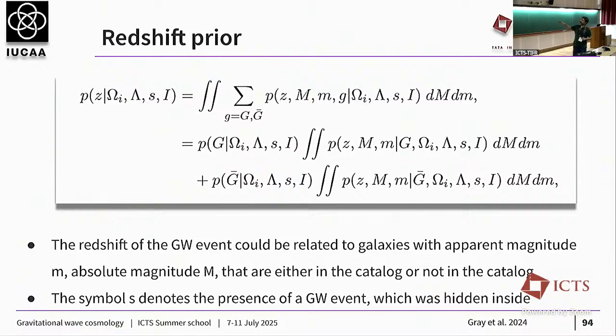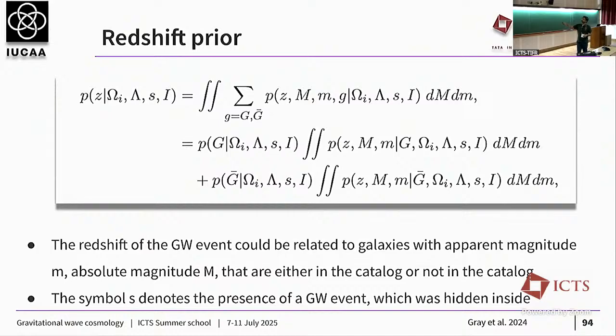What I have additionally done is I have said that when you have a galaxy, it will have some absolute magnitude and it will have some apparent magnitude. What is absolute magnitude? It tells you the total luminosity of this galaxy. What is the apparent magnitude? That is related to the flux that you see. These two are related to each other, but let's keep them separate for a moment and you will see why.